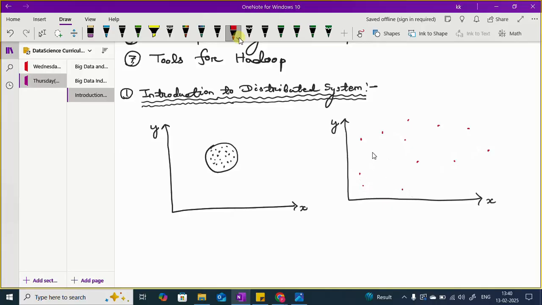If my data points are present like this in the 2D axis, then can I say my data points are present in a scattered manner, or I can say a distributed manner? Can I say like this? Yes or no?